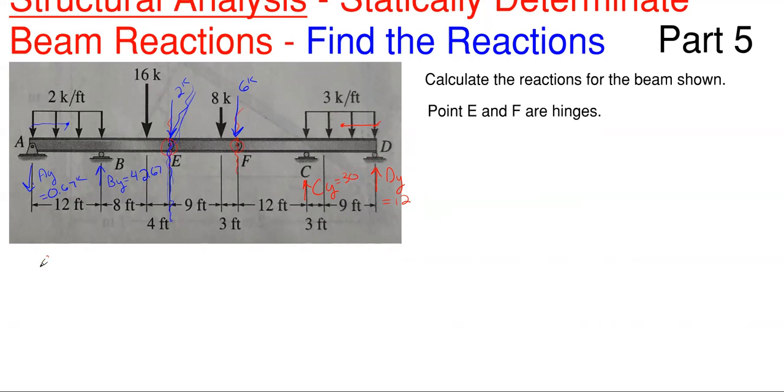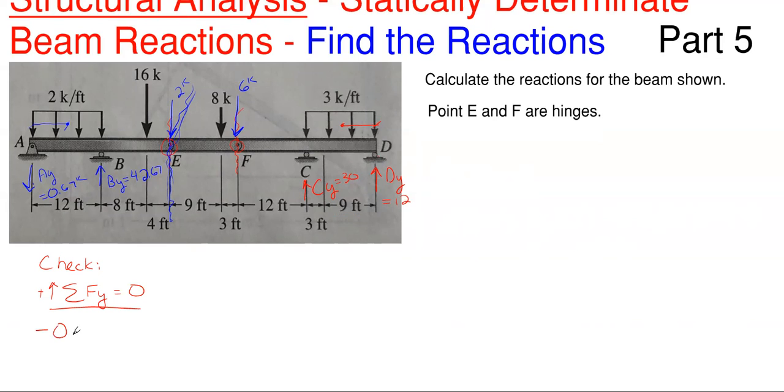So we are going to sum vertical forces, because that's the only thing that we really have going on here. We have no X forces at all, and the hinges will only allow the vertical forces to move across, not moments. So our final check will involve our Y forces, not summing moments. We're just going to have everything on here and see if it is in equilibrium.